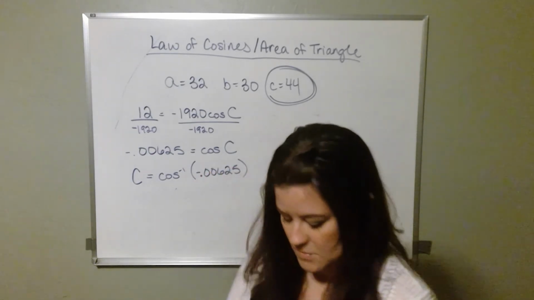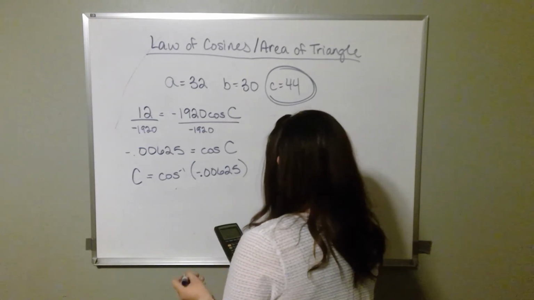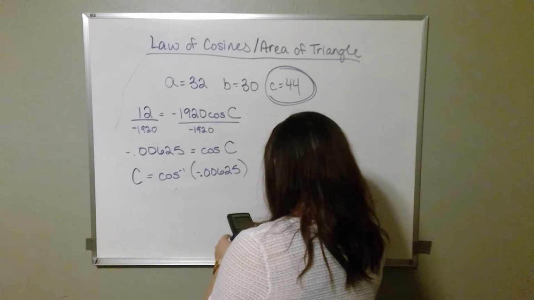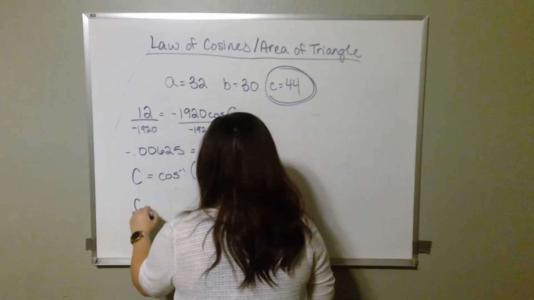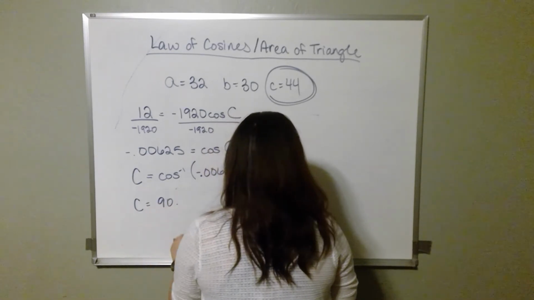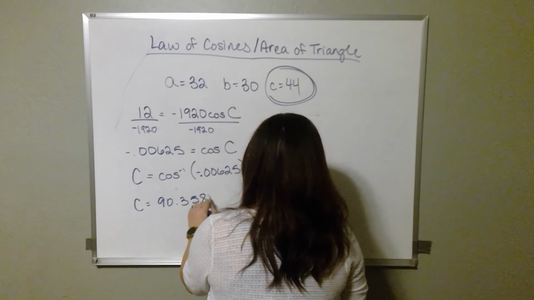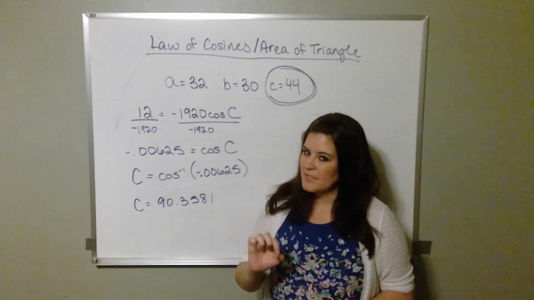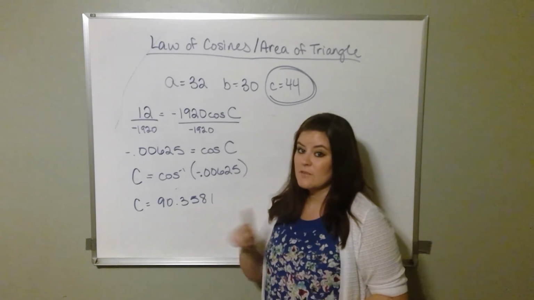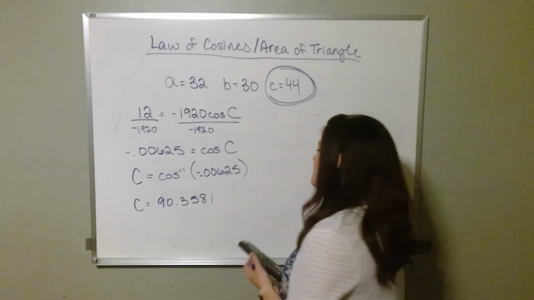So I'm going to put that in my calculator and get that C is 90.3581 or so. So notice it's barely, but C is obtuse, and your calculator told you that it was obtuse, so you didn't have to worry about it.